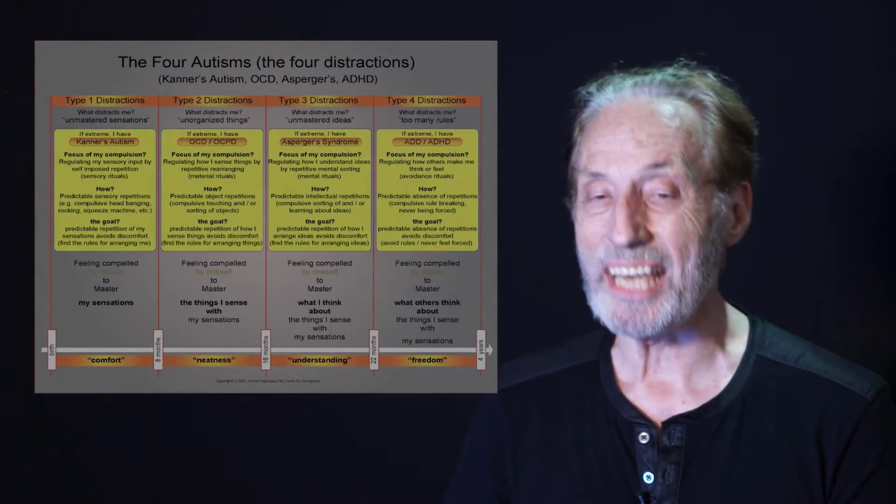Finally, the fourth autism is about the mastery of the freedom from learning itself, the freedom from having to master the five senses, the arrangements of things, and the understanding or meaning of things. And so this fourth minority personality is what I refer to as ADD or ADHD.